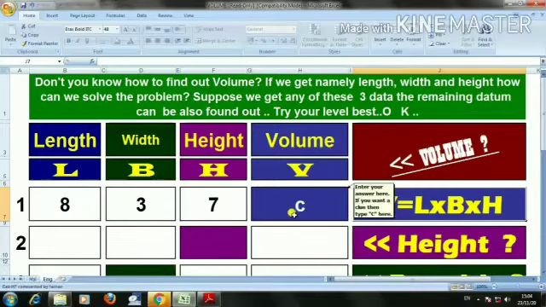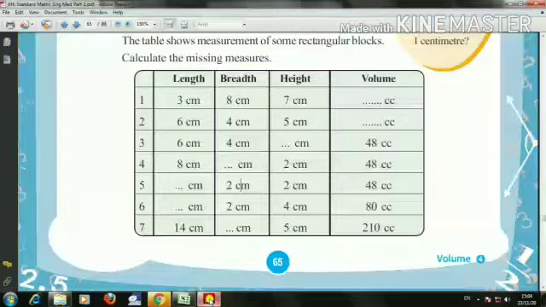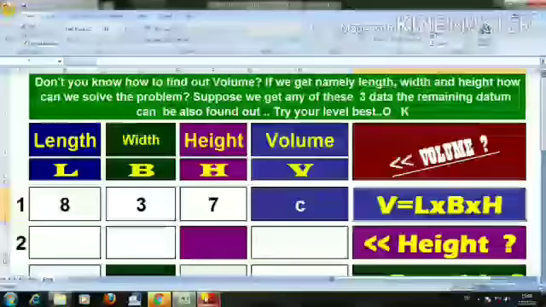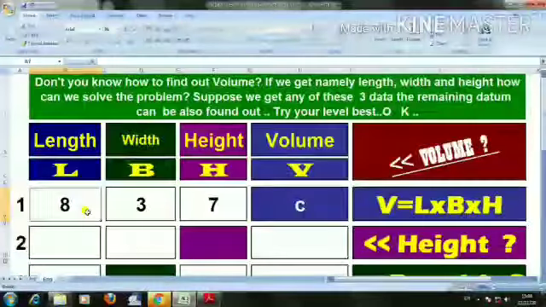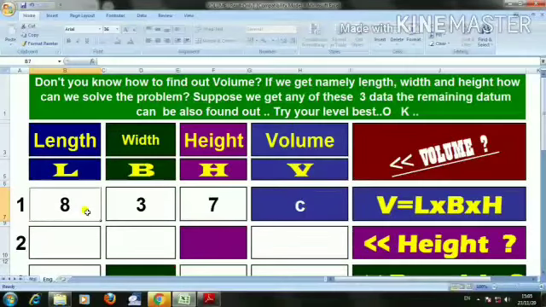Now let's go to the next one here. You see, it is again to find out volume. 6 into 4 into 5. Here is the space for finding out volume.